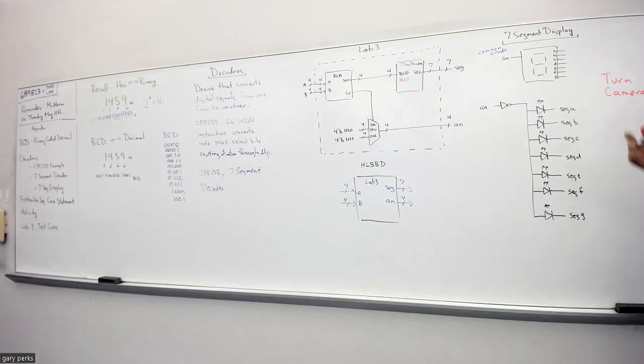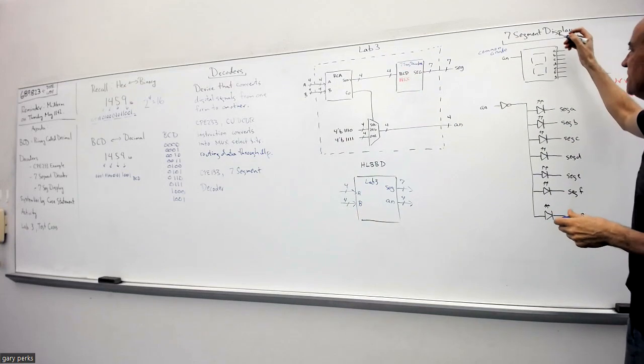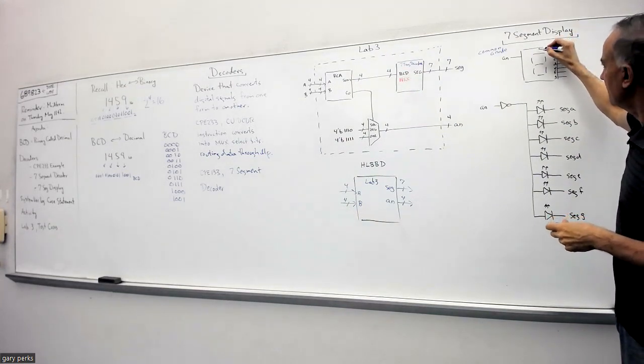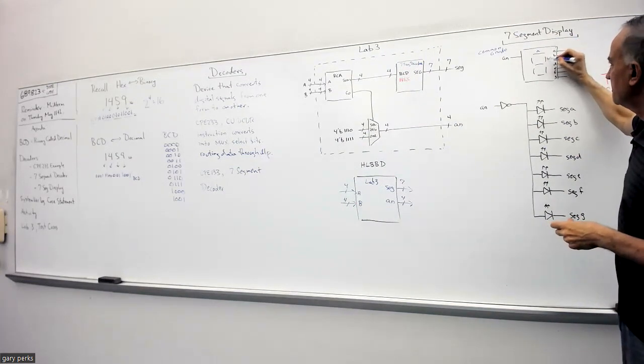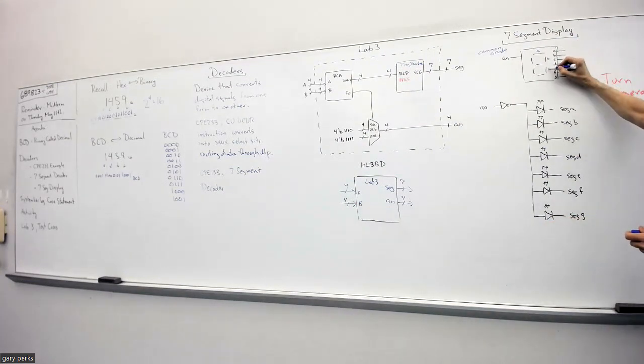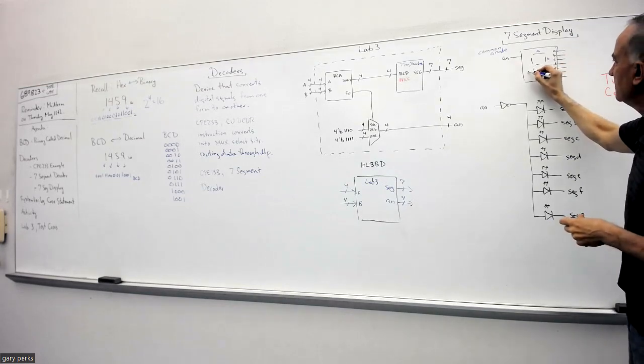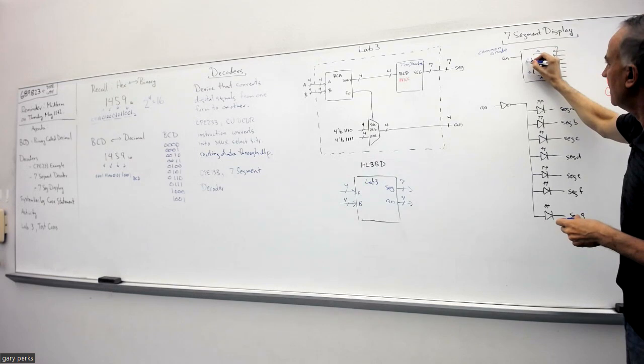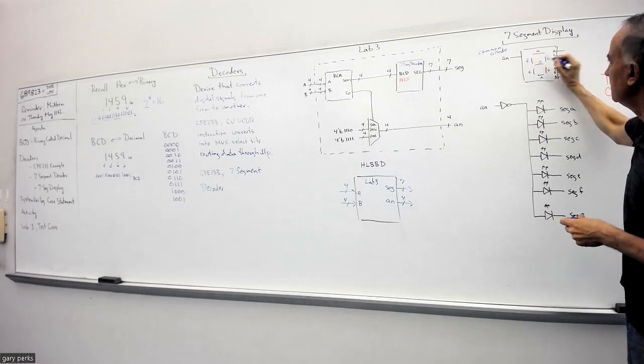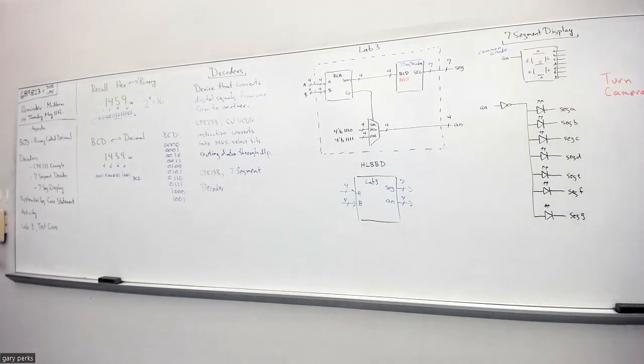But as far as I know, all 7-segment displays, the segments are identified this way. The top segment is the A segment. This is the B segment. This is the C. The bottom is the D. This is E. This is F. And then the middle segment is G.